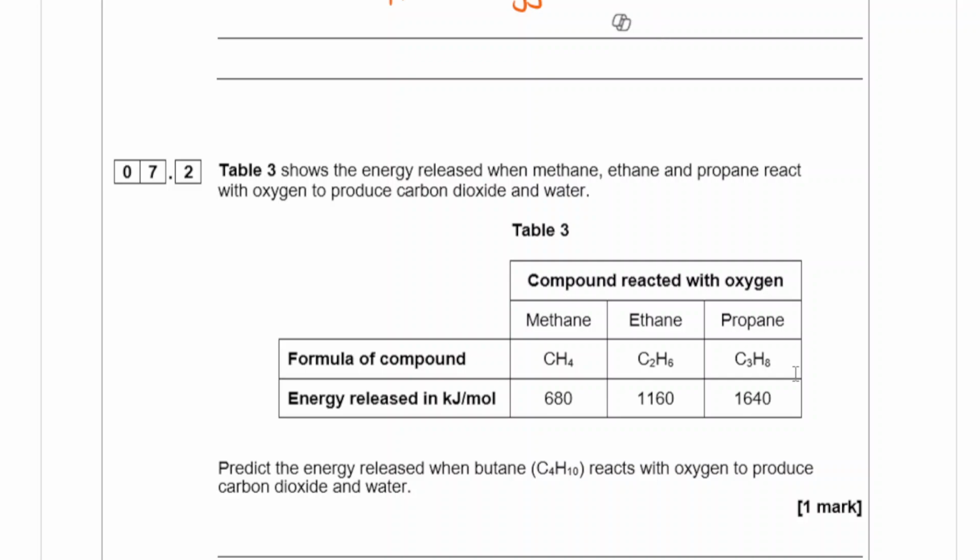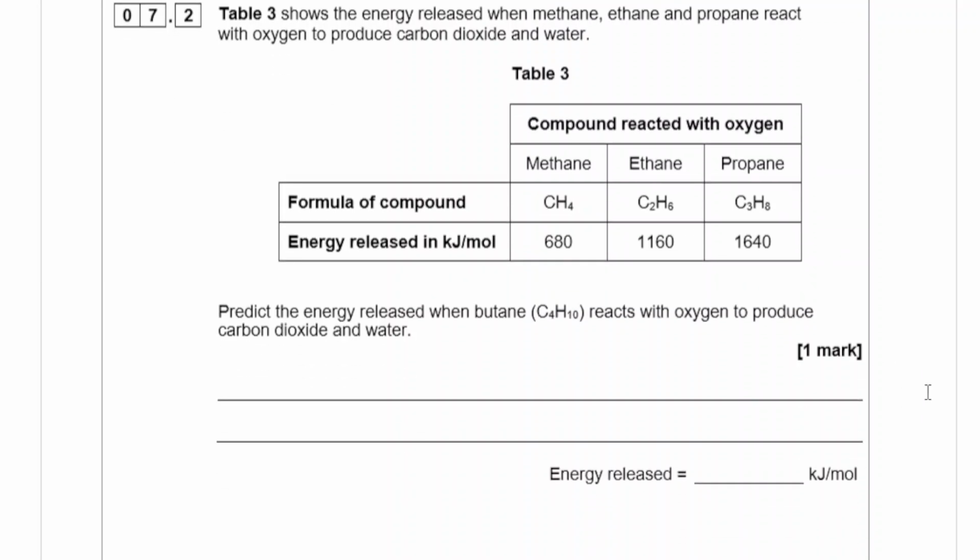Table 3 shows the energy released when methane, ethane, and propane react with oxygen to produce carbon dioxide and water. Predict the energy released when butane reacts with oxygen to produce carbon dioxide and water.